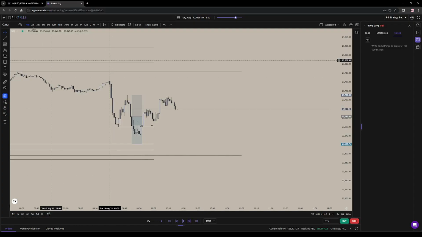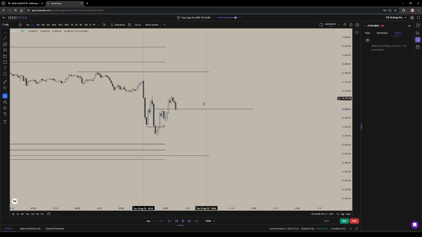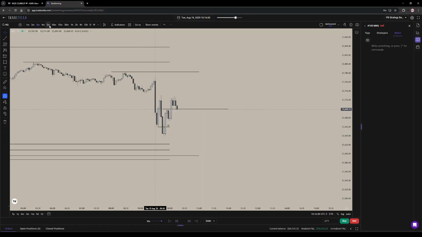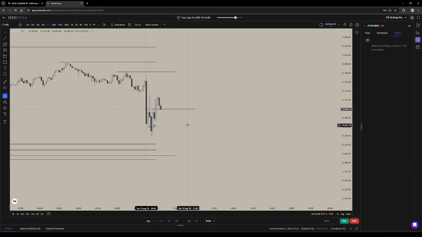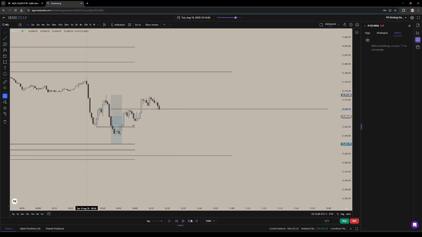Price is moving pretty slow here, guys. We do have that 3-minute, 4-minute, which we didn't even close through. Operating within a 5-minute bullish gap right now as well.